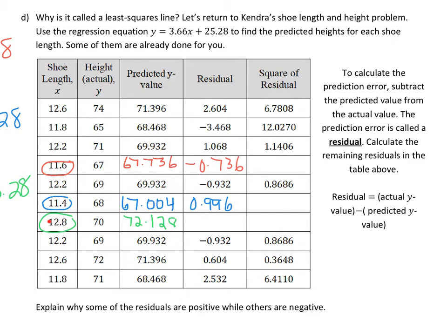And for our last value, 12.8, we have an actual of 70 and a predicted as 72.128. Subtract those, and we get negative 2.128. Okay.